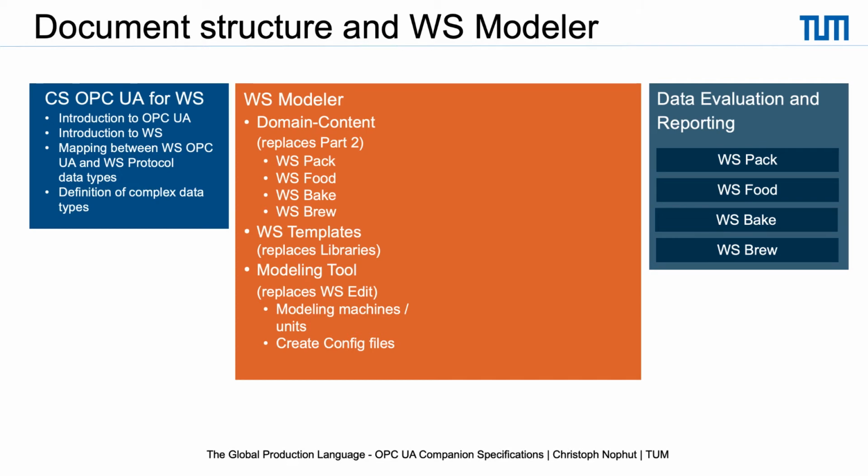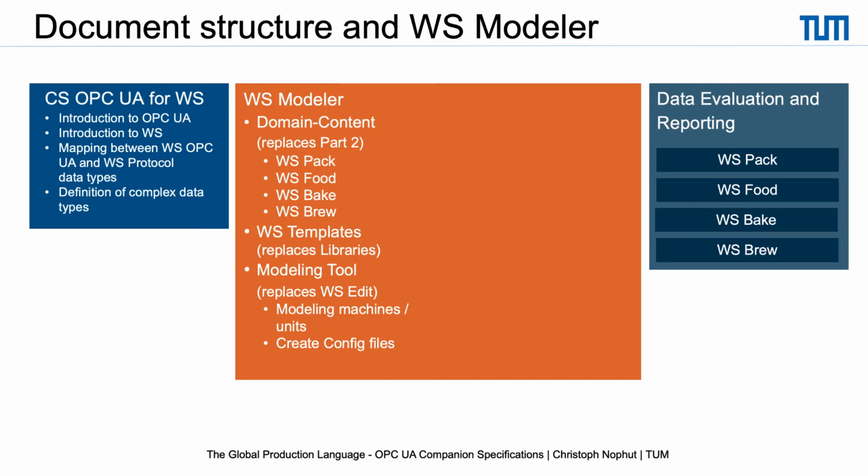The companion specification for OPC UA for the Weihenstephaner Standards gives you an introduction to OPC UA, to the Weihenstephaner Standards, and also information about mapping the WS protocol to the OPC UA protocol, and defining the complex data types.